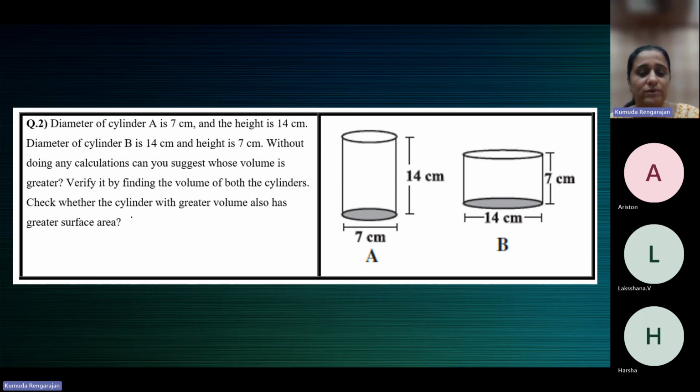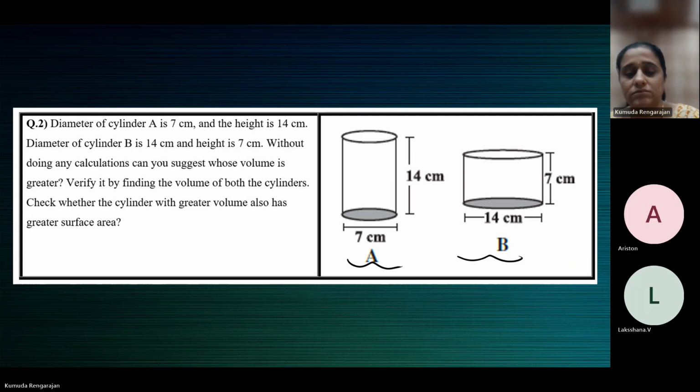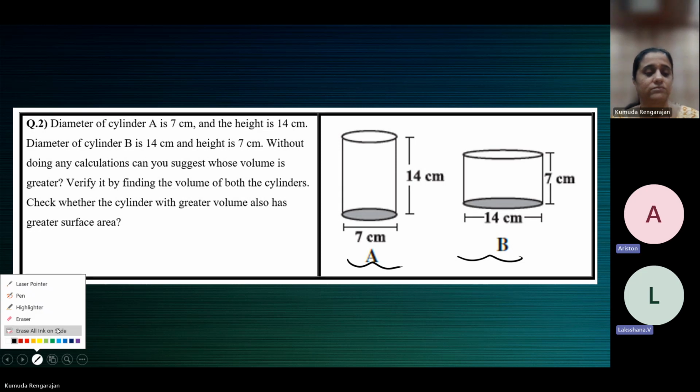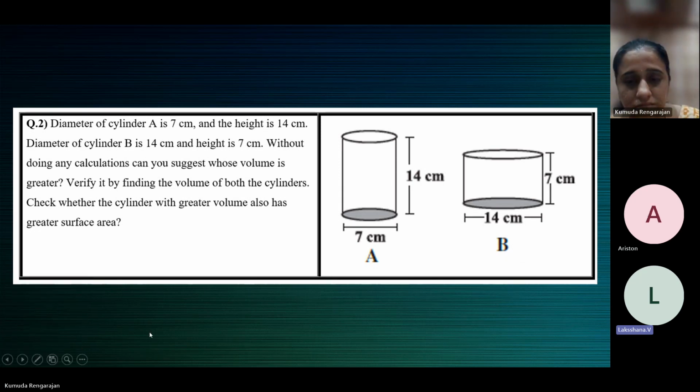Here I don't have to read this big question for you, but you can see it in the diagram: cylinder A and cylinder B. So what is the radius of the first cylinder? Lakshana. 3.5.